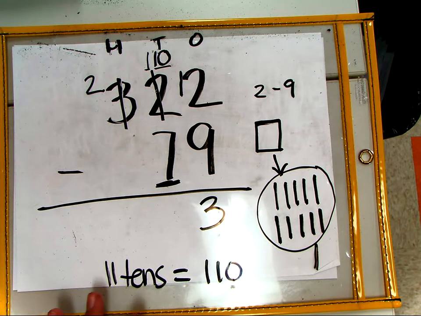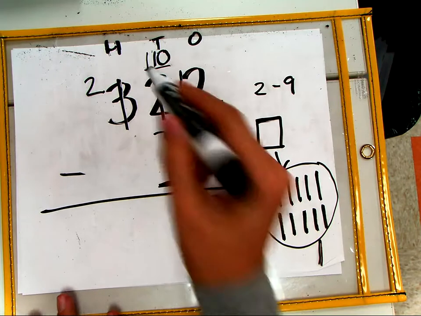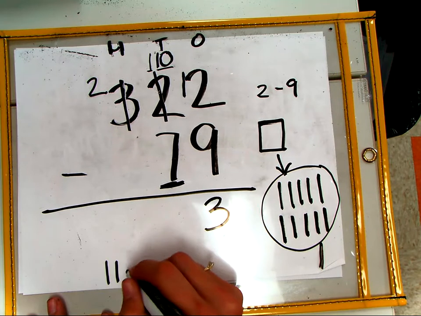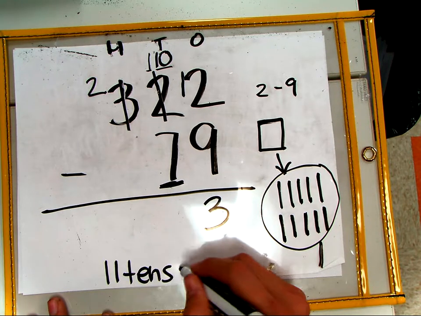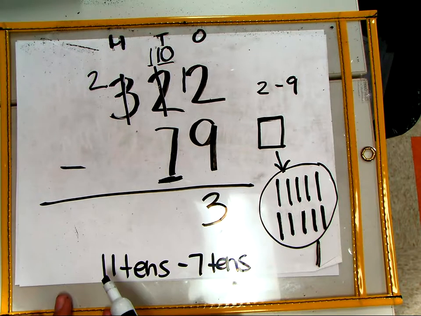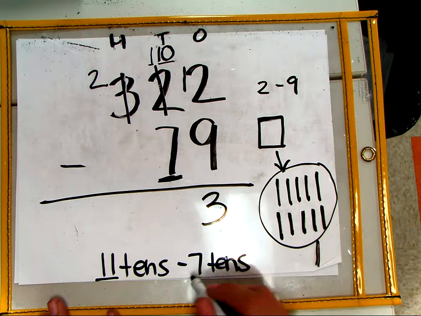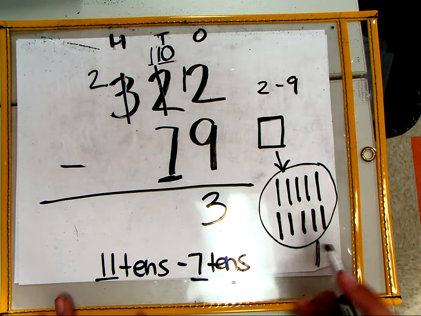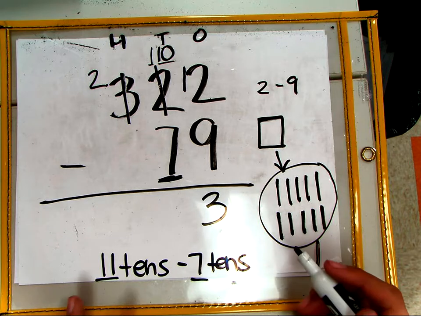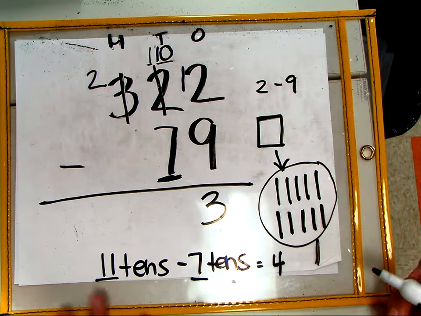So now when I go to subtract, I can think about this as 11 tens minus 7 tens. The benefit of thinking about it with the words is that it's easier because it's like doing 11 minus 7. When I do 11 minus 7, I get 4, and it's not just 4, it's 4 tens.